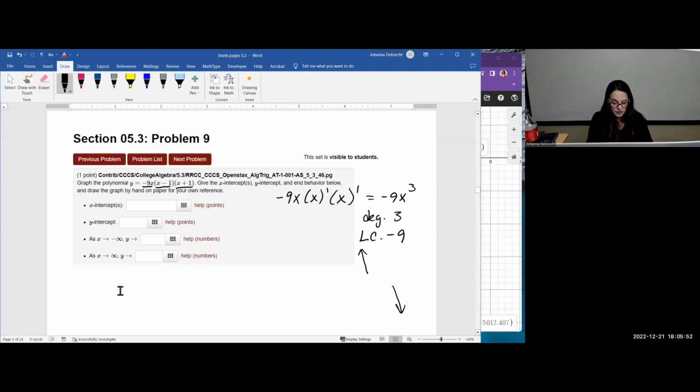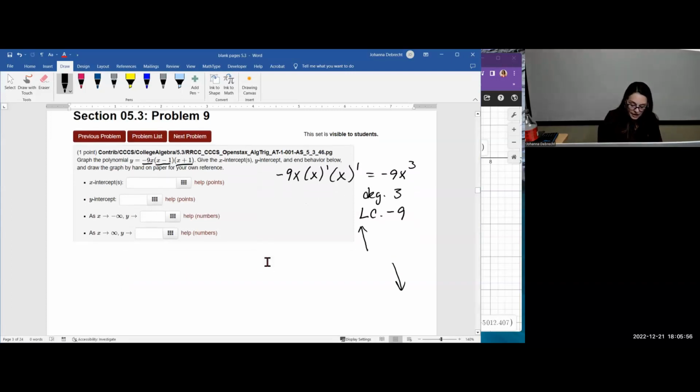Now we can find the x-intercepts by setting each factor equal to 0. So y equals 0 equals -9x times x minus 1 times x plus 1. This one gives me -9x equal to 0, so x equals 0, and x is to the 1st, so it has a multiplicity of 1, showed up once.